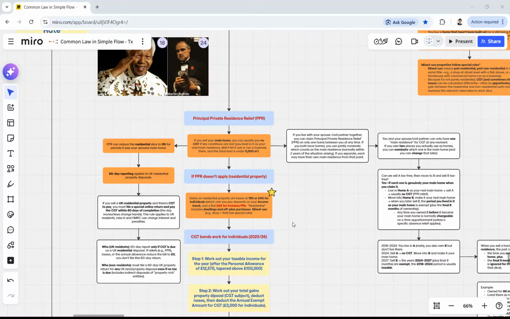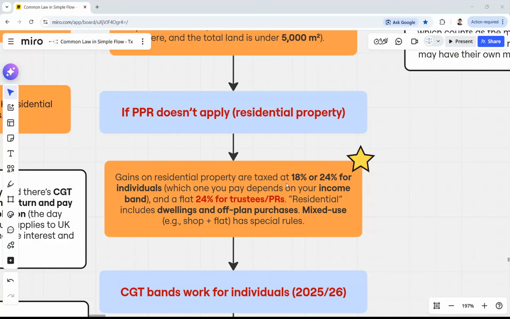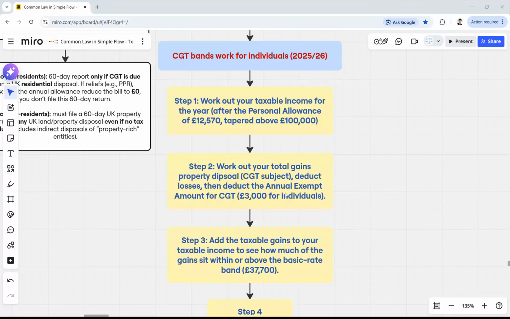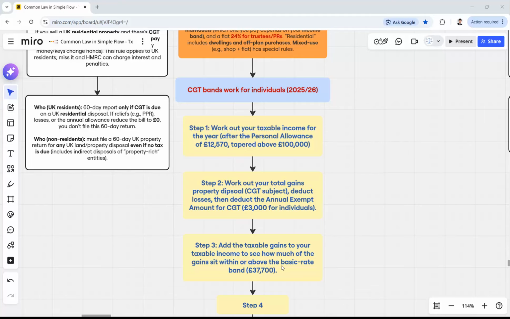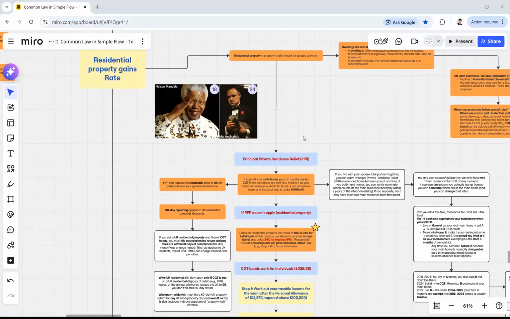So the tax rates, as we understand, are 18 and 24. 18 is before a specific threshold. It's before 37,700, and after 37,700, it will be 24%.